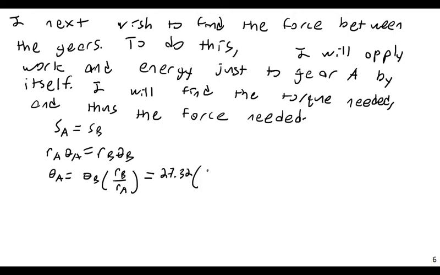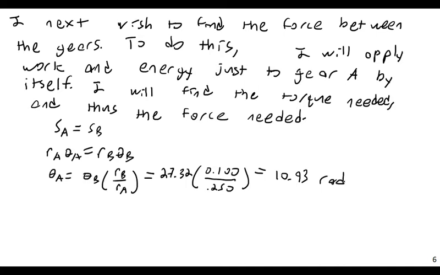times 0.100 divided by 0.250, and this will then be equal to 126.0 joules. Oh, that's not right, sorry. I'm getting ahead of myself. This is equal to 10.93 radians.